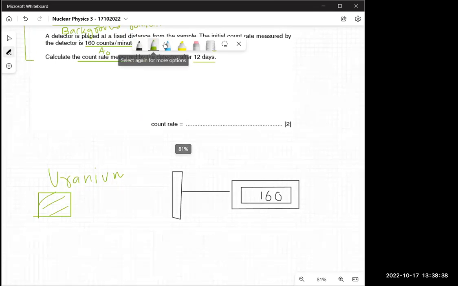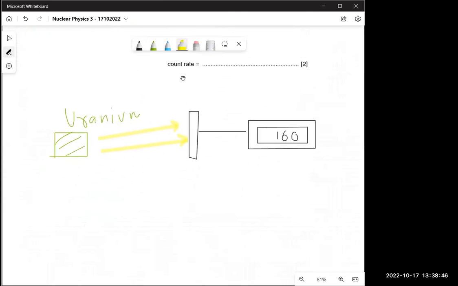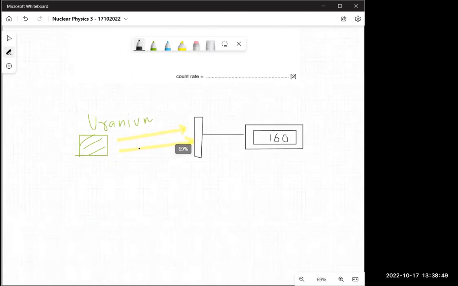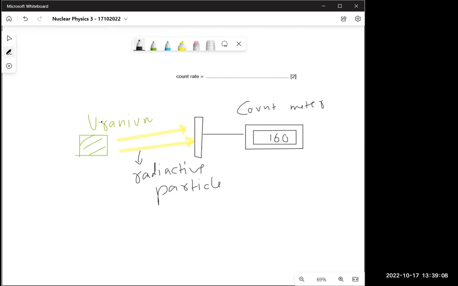Now you need to realize that not only are particles coming from the uranium like this, but particles from other places around the uranium are also giving some radioactivity. This right here is the radioactive particle, and they're hitting the count meter, as we call it, and it's giving me some reading. But the uranium sample is not the only thing giving us the reading.